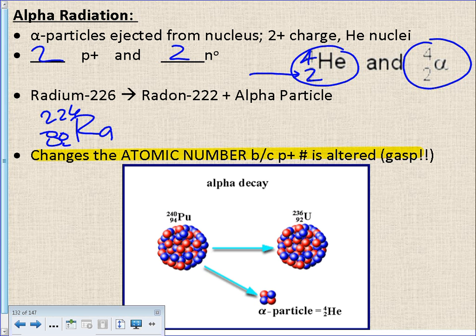So radium-226 decays to radon-222 and an alpha particle. And radon's number is 86. So you can see from 88 to 86 the nucleus atomic number did change. So it's just one more example for you. And if you did a good job in your reading, guys, then you're like, I got this.